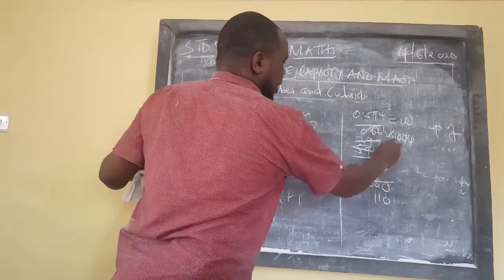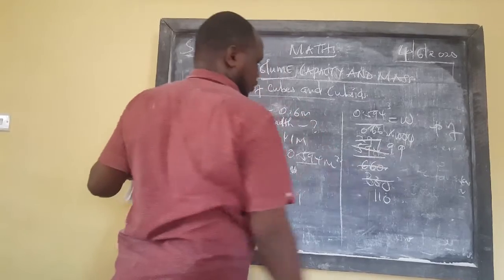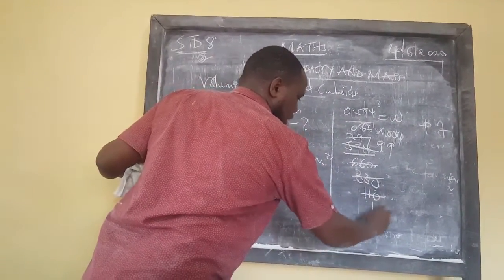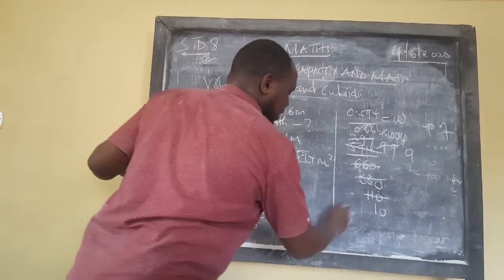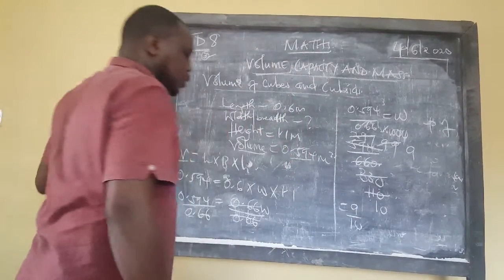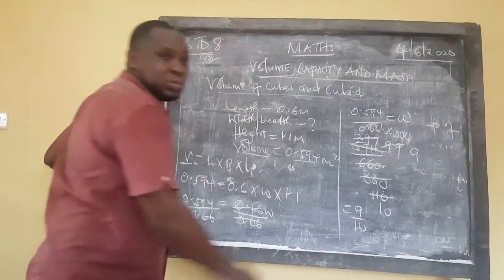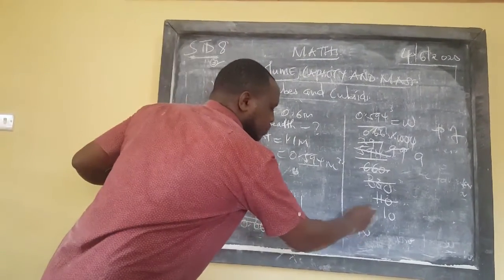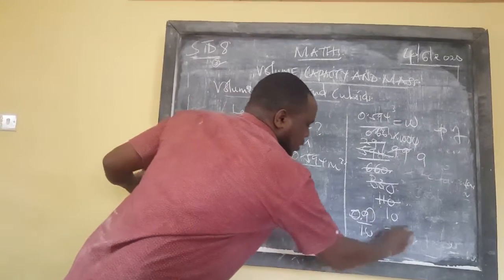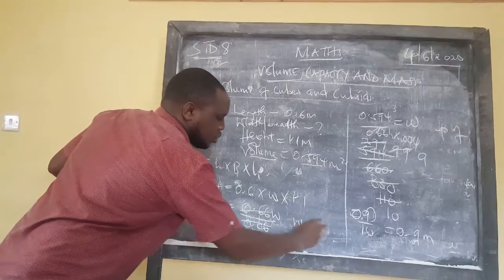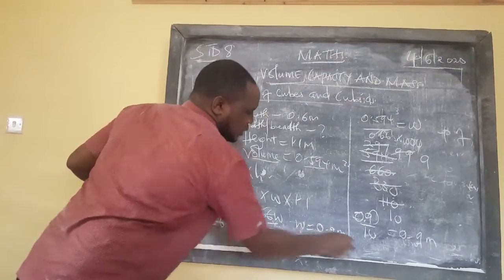By 3, 9 for 27. 9 for 27. By 11, 10. By 11, 9. So you get 9 over 10. But because these answers are not given in fraction, you must change this into a decimal. So 9 over 10 is simply 0.9. So 0.9 meters. Our W, in this case, is equal to 0.9 meters.